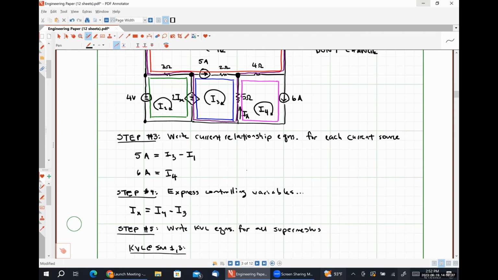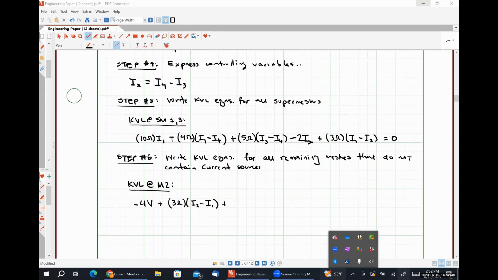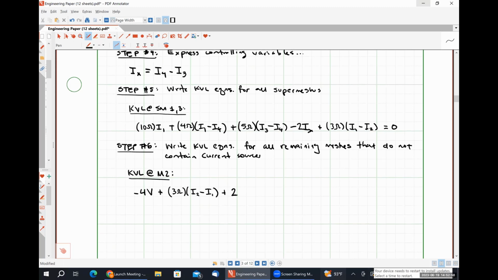It's current. So 2ix, because that's a voltage source. There's a positive polarity terminal and a negative polarity terminal, and that's it. So anytime you have a voltage source, doesn't matter if it's a dependent voltage source or an independent voltage source, we just add the voltage drop of the voltage source and we are done.